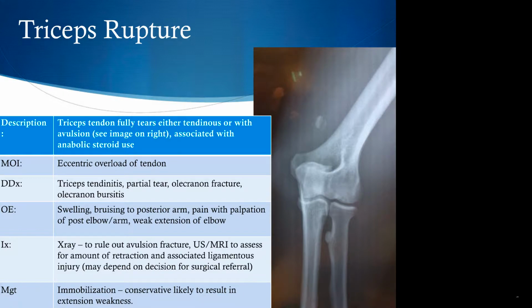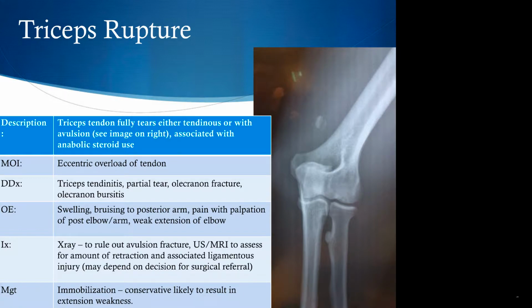Typically that's due to an eccentric load. So essentially, a patient lifting a heavy weight over their head, and as the elbow is being pulled in flexion, they try and extend at the same time, and either the olecranon gets avulsed or the tendon gets torn.